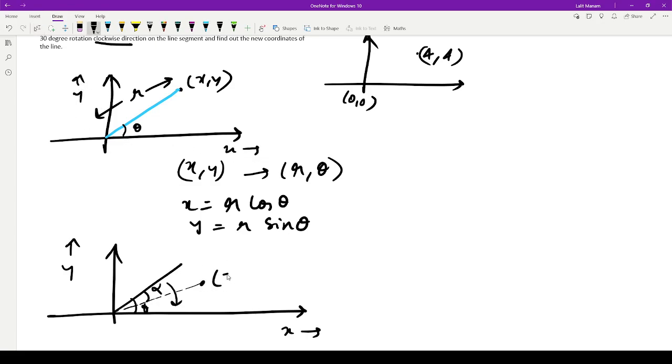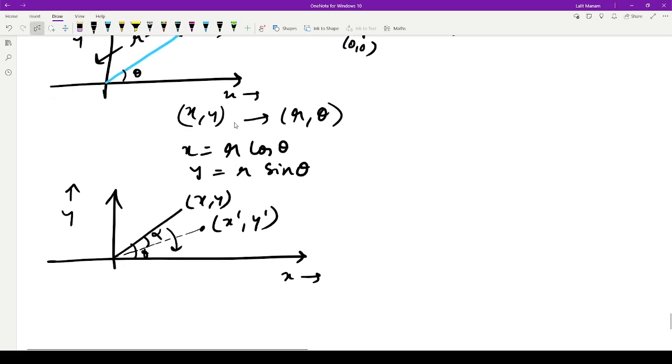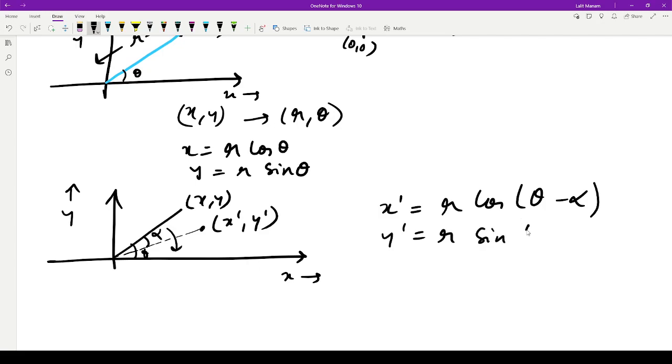This is my new point, x prime, y prime, and this is my old point, x comma y. My r is still the same, the distance from the point to the origin. The angle would be theta minus alpha. So x prime is r cos of theta minus alpha, and y prime is r sin of theta minus alpha.